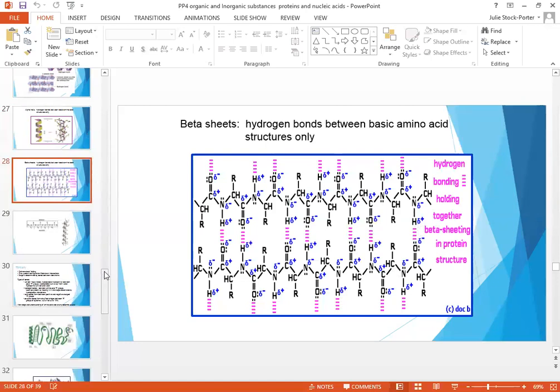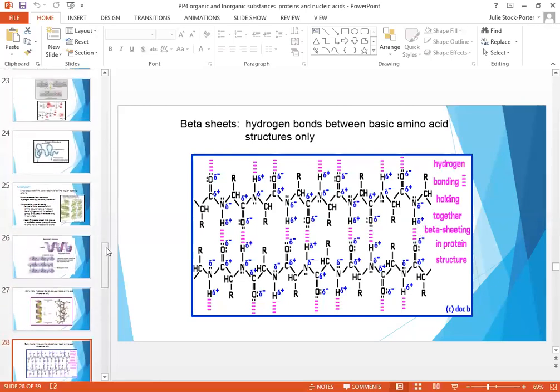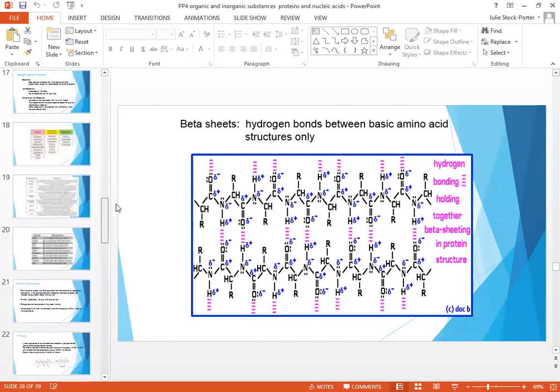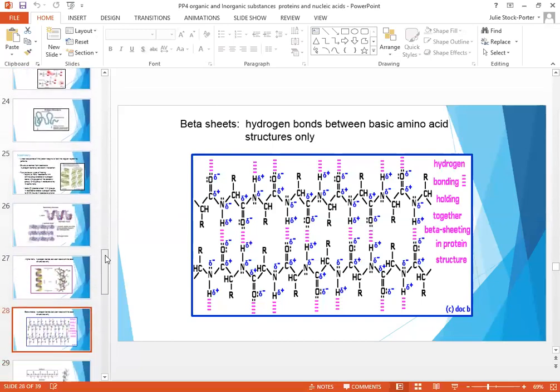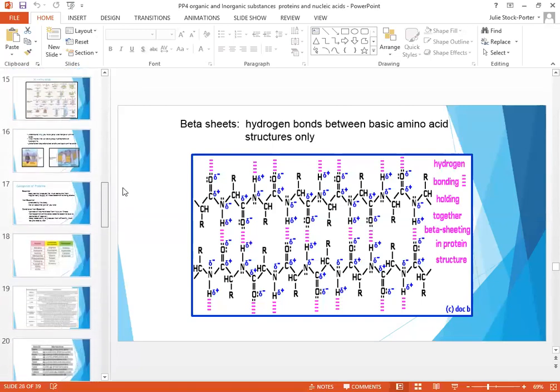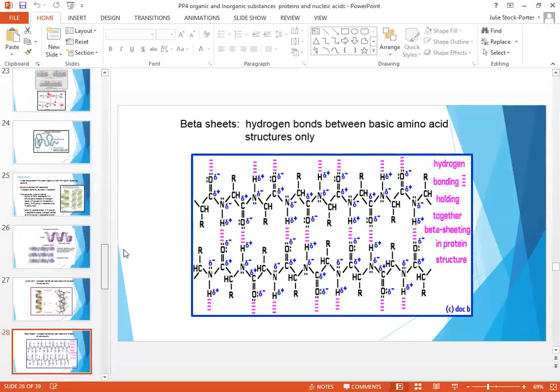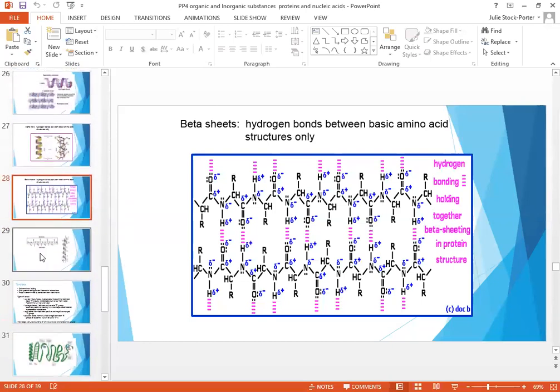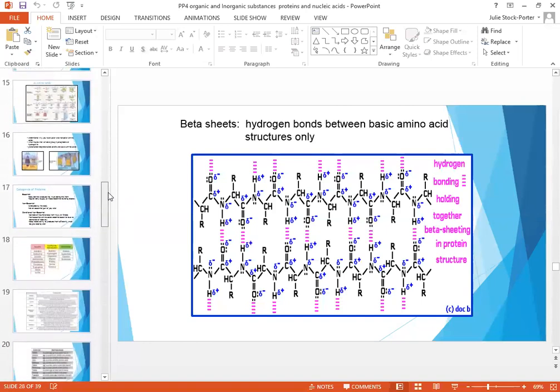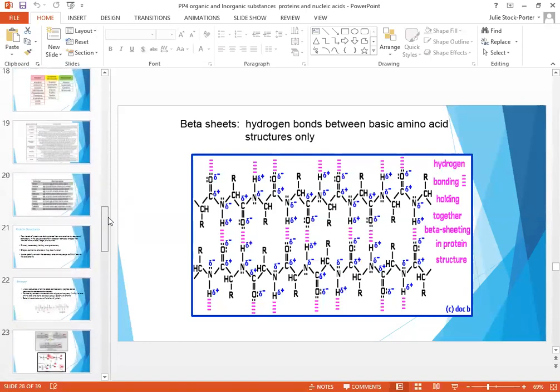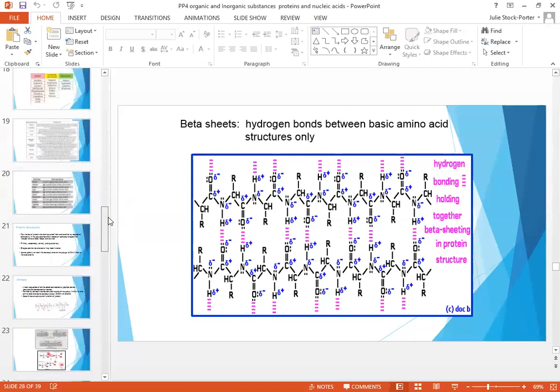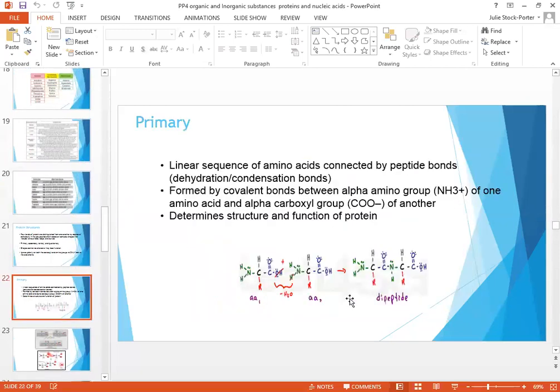The primary, again, when we form the linear structure, we're dealing with the side-by-side this way.